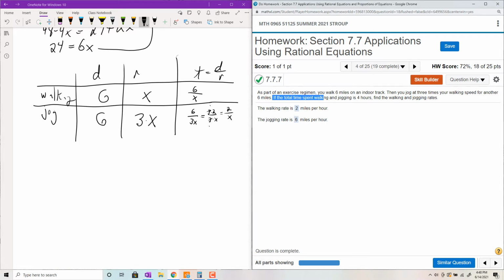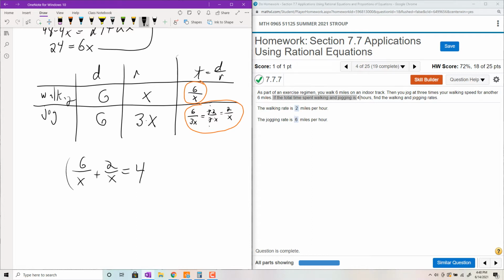It says if the total time spent walking and jogging is 4 hours, find the walking and jogging rates. So what they mean is that the time it took to walk plus the time it took to jog is equal to 4, the total time. In other words, 6 over x plus 2 over x is equal to 4.